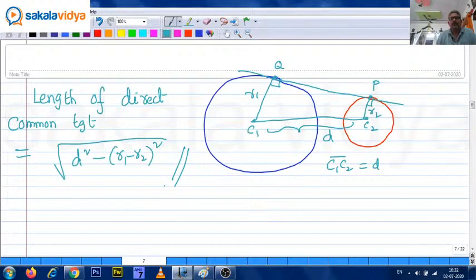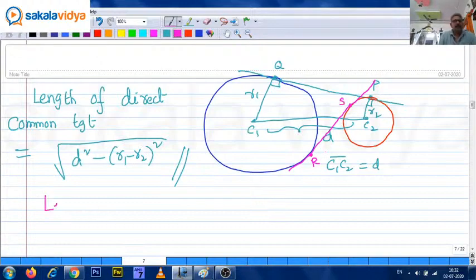This is the formula to find out the length of the direct common tangent. So now, for example, for this one only, the transversal common tangent you try it. Say for example this is RS.